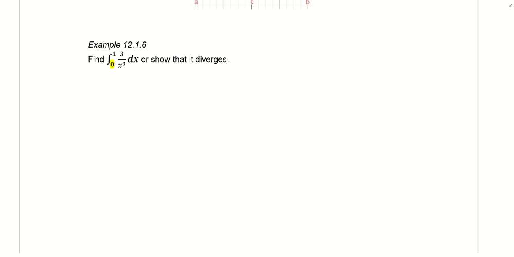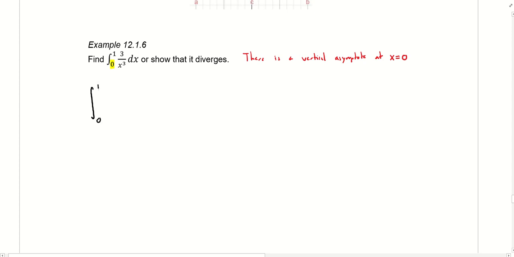And so what this would mean visually is we actually have a vertical asymptote at x equals 0, making this a type 2 improper integral. So let's see how we handle this.